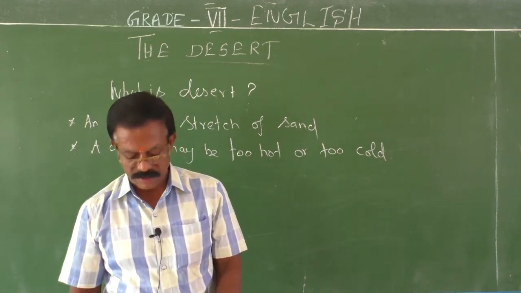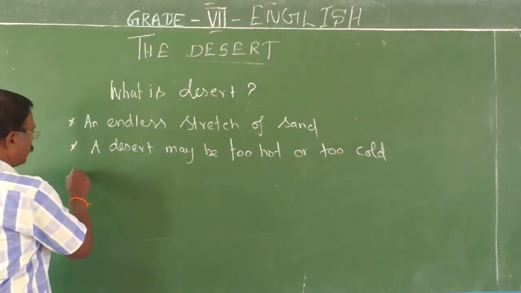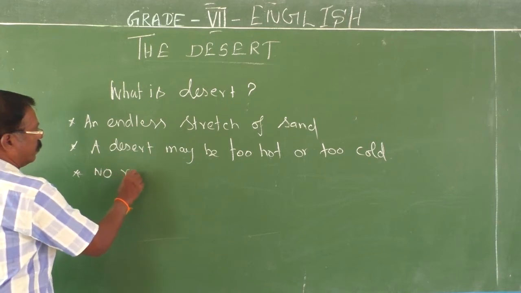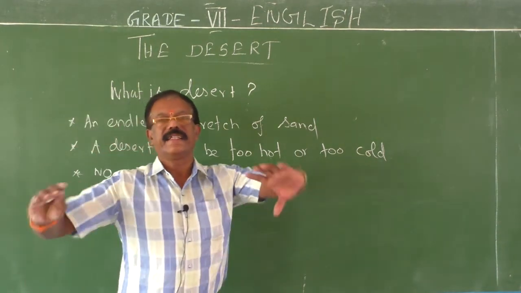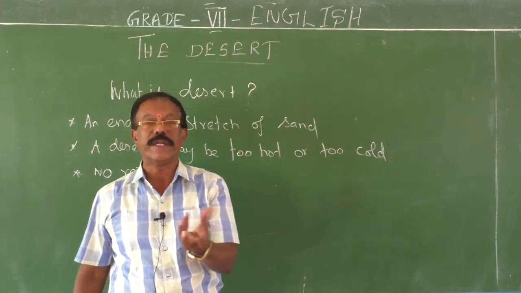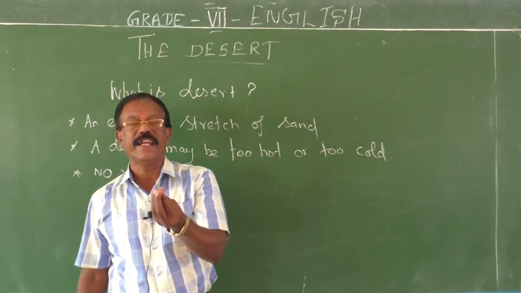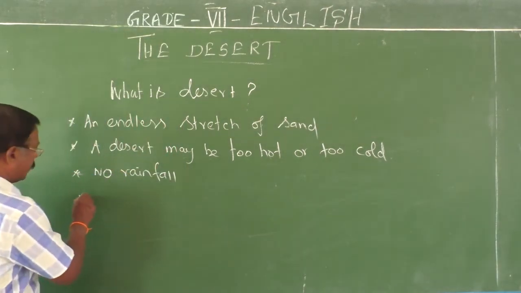And some people say that there is no rainfall, yeah, scanty rainfall. No rainfall in the desert areas; here and there, now and then, they may have a little bit of rainfall. Scanty rainfall.